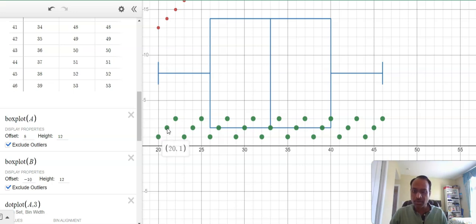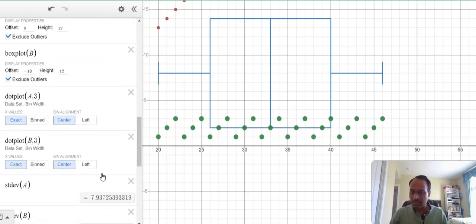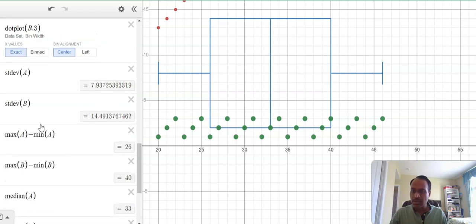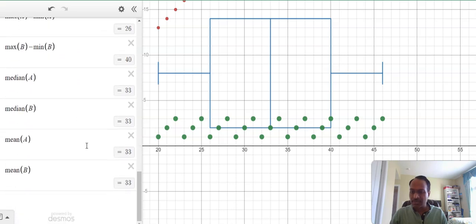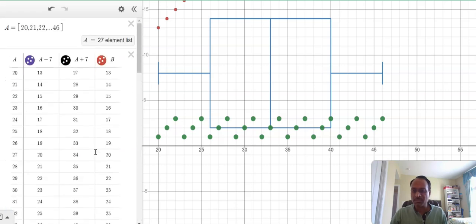It's at 20, 21, 22, 23. You can see the middle point is 33. That's 33, our median. And you can also see the results. I calculated the standard deviation for A, and the median for A is this, and the mean for A is that. So we know that median and mean are the same.